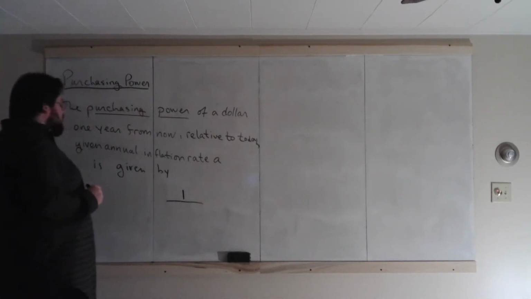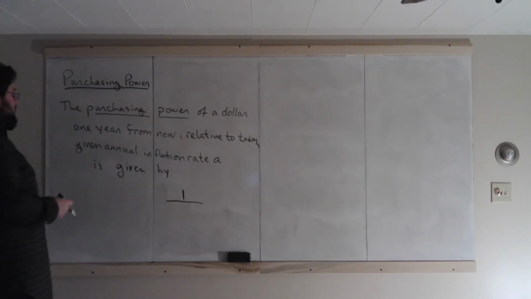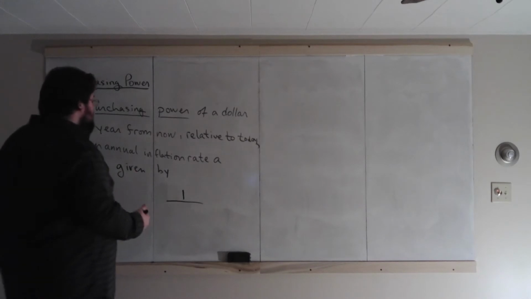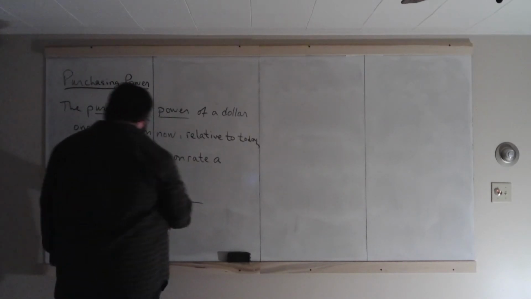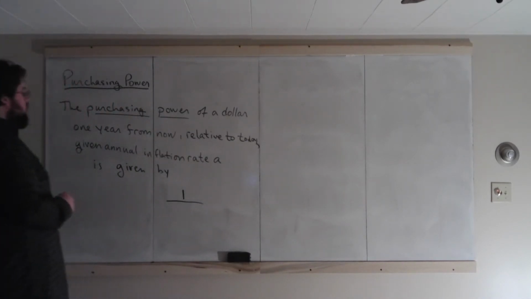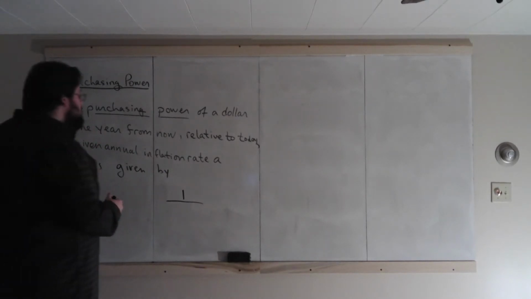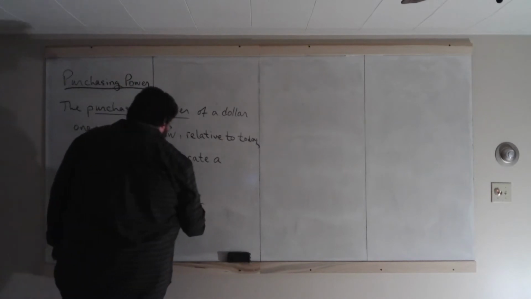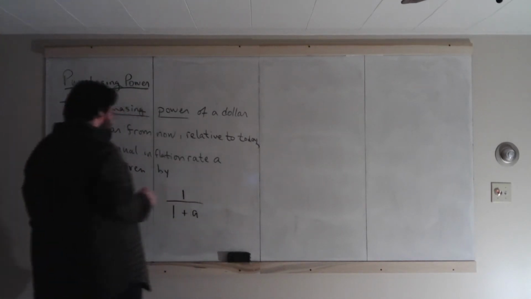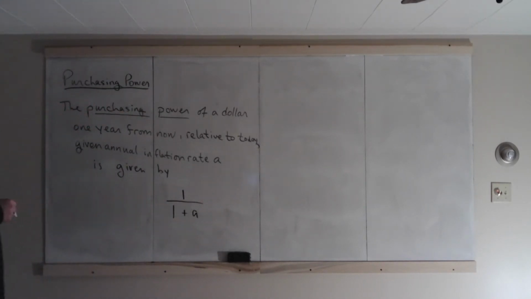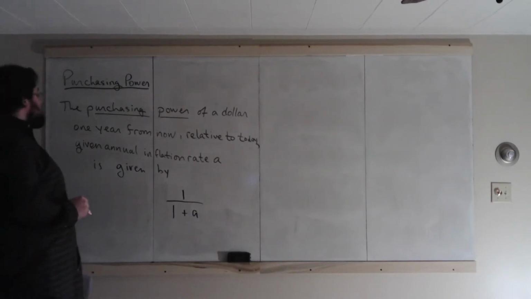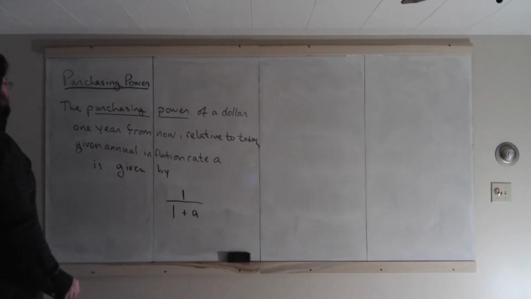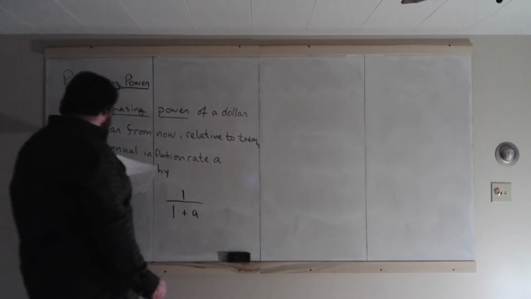And in 1 year, we had that remark that said a good that costs $1 would then cost 1 plus a dollars. So today a good would cost $1. Next year a good would cost 1 plus a dollars. So this ratio would give us the purchasing power of $1 1 year from now, given an inflation rate.